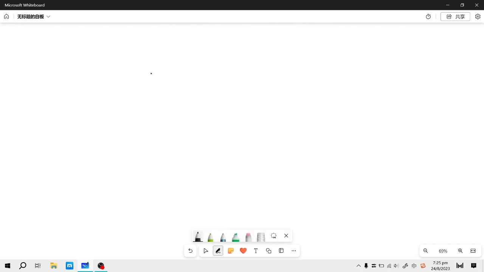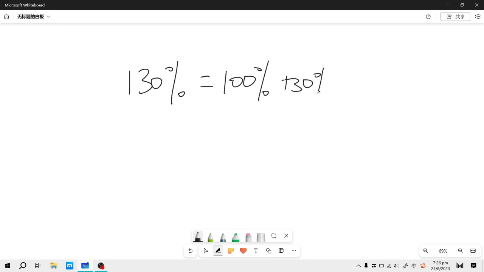So now let's say we have 130%. So now this equals 100% plus 30%. So 100% is 1 and 30% is 30 out of 100. So now we must express it in decimals.